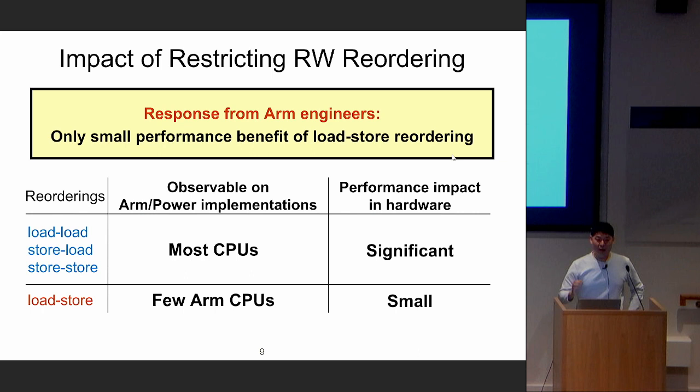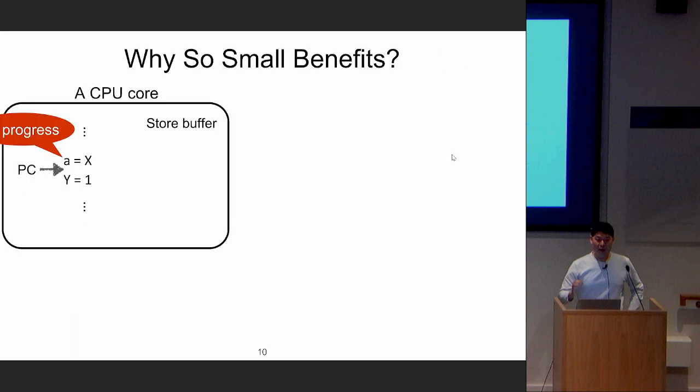So I showed him some data, and he said, oh, this is very surprising. But the data is only from about 10 years ago. Anyway, these guys think that load-store reordering is useless for CPUs. Okay, so let me tell you my intuition for why load-store reordering is useless in hardware implementations.